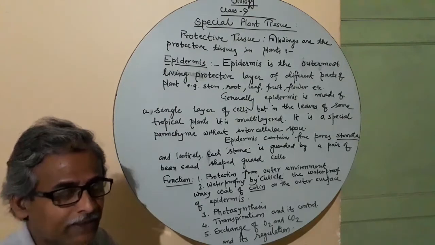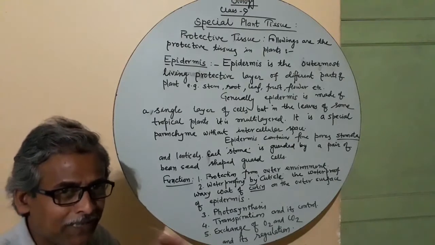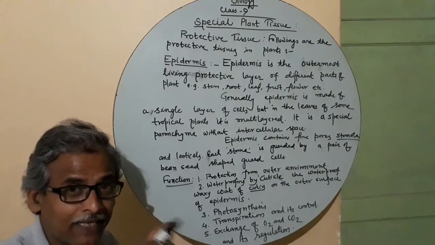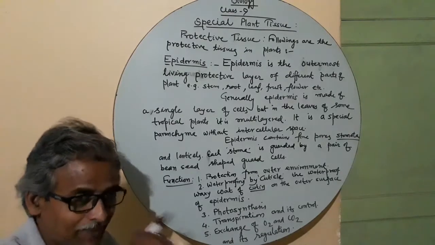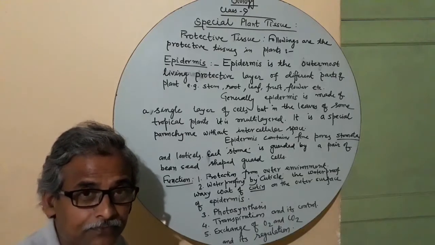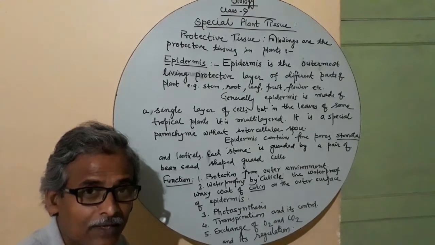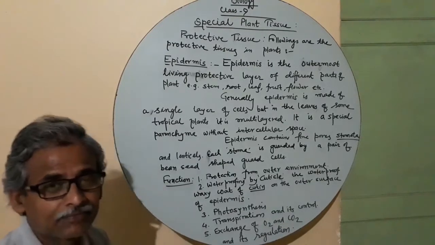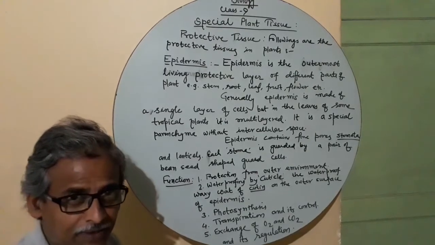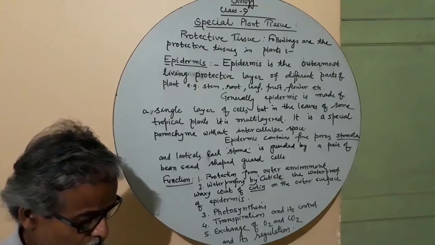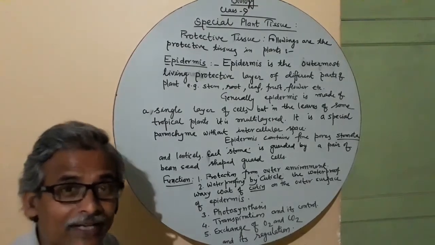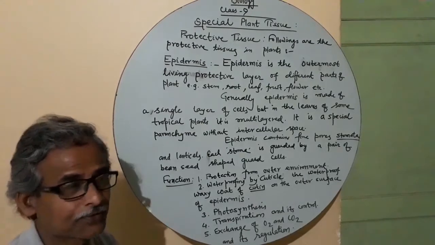This cutin not only fills up these gaps, but a thin layer of cutin makes the epidermis waterproof. It is a waxy substance which does not allow water to go into the leaf or into the stem or into the flowers.